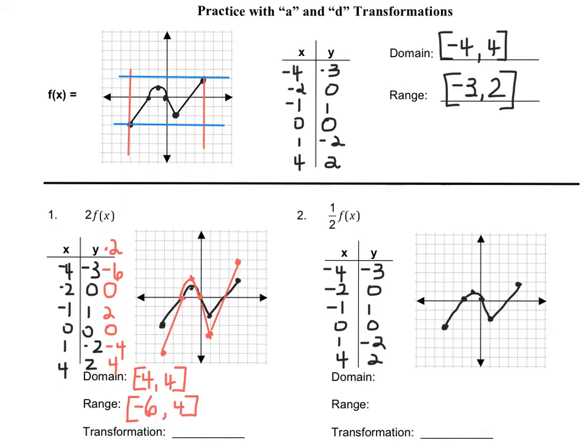Now, what is this last sentence down here, the transformation? So now I want to say what the transformation was on this graph. So this is a vertical stretch by a factor of 2. All I did was a vertical stretch by a factor of 2.